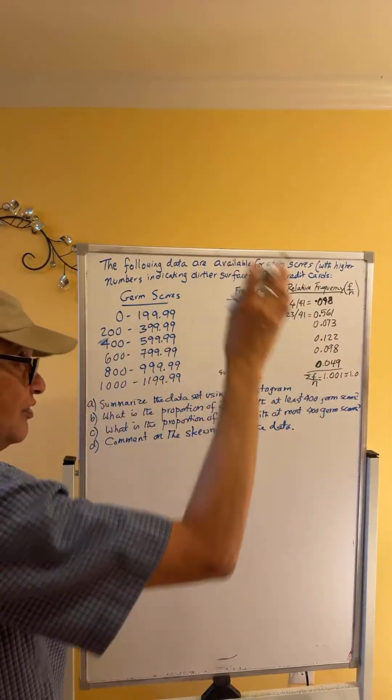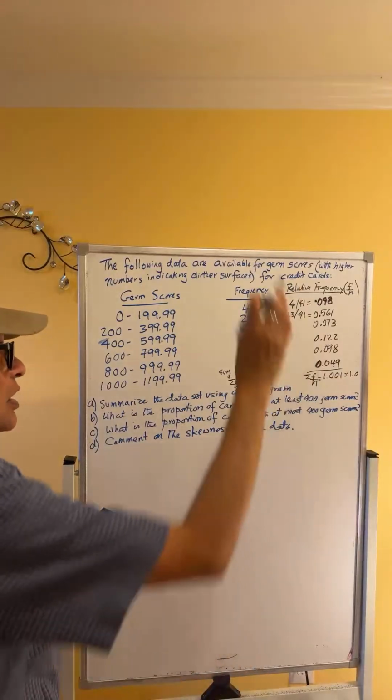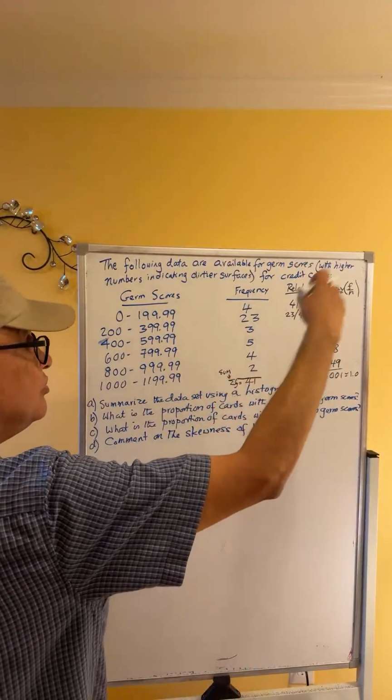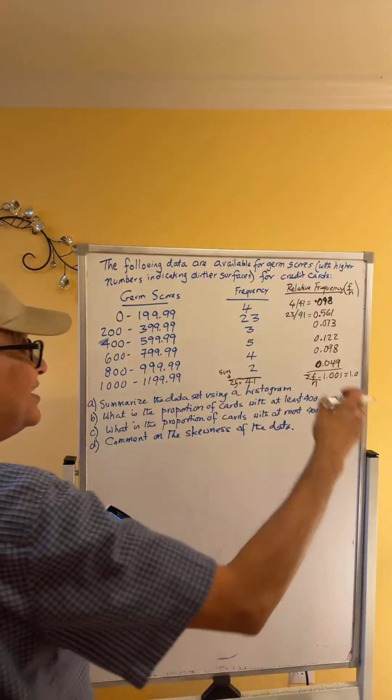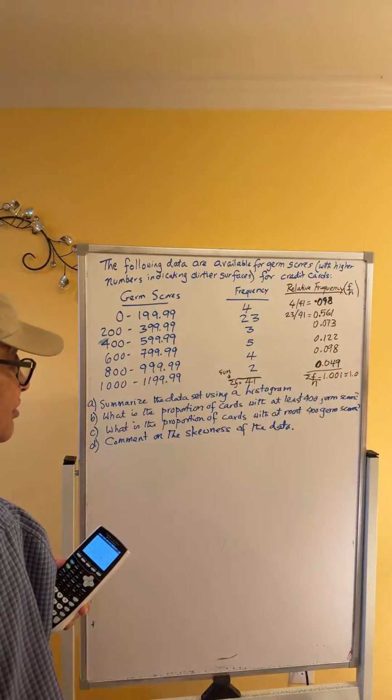If you multiply each by 100, it will be the percentage in each class, and they should add up to 100.